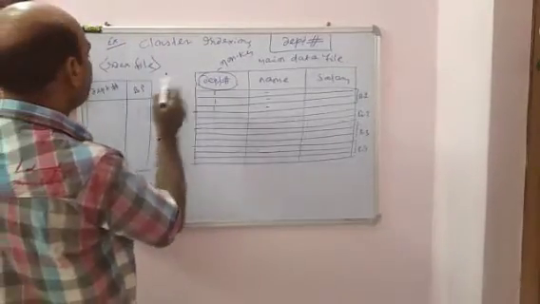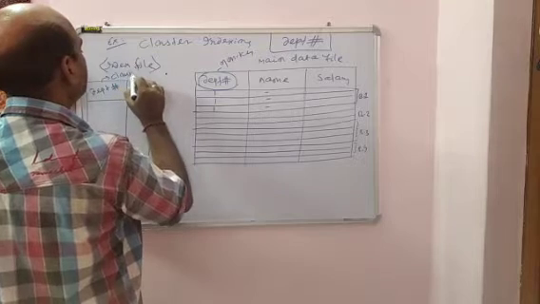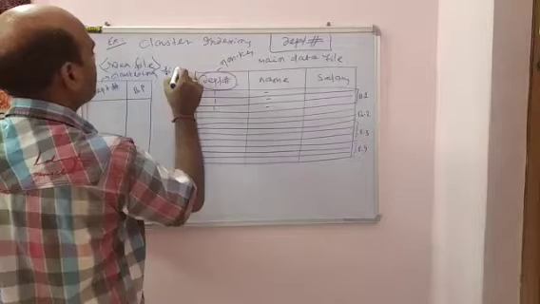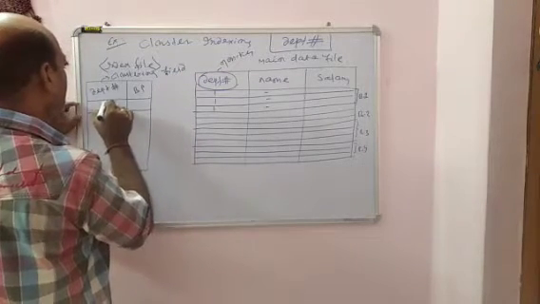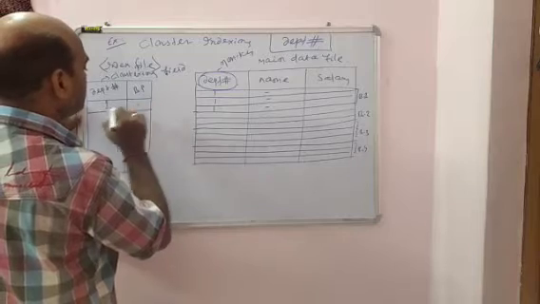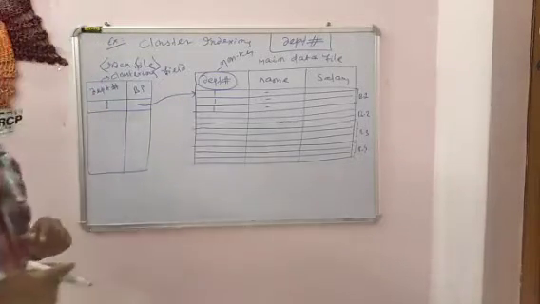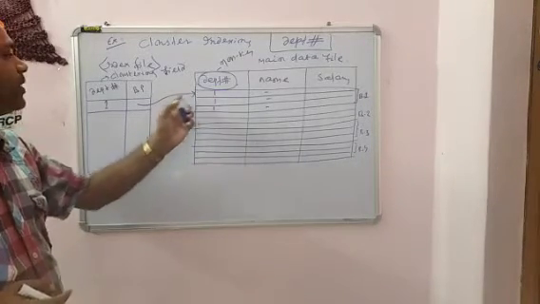This is the clustering field. So department 1, this is the pointer. This is the anchor record. Okay, this is department 1.